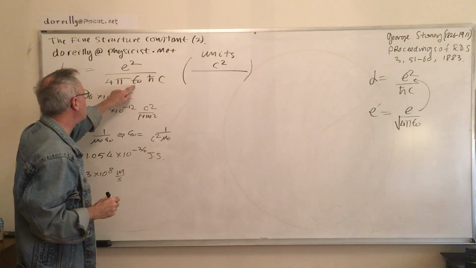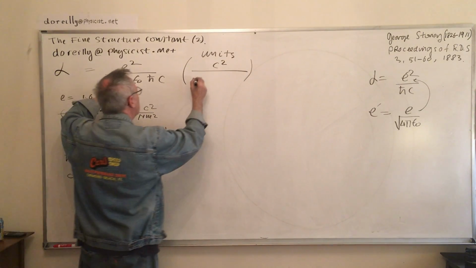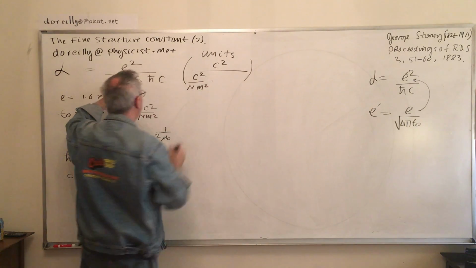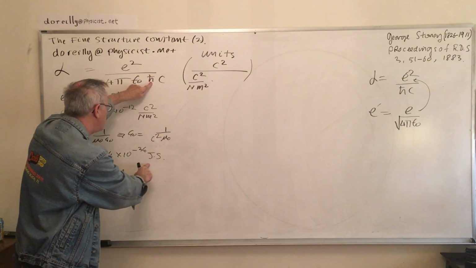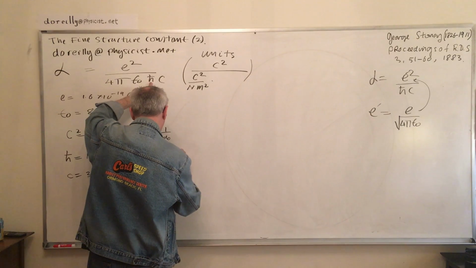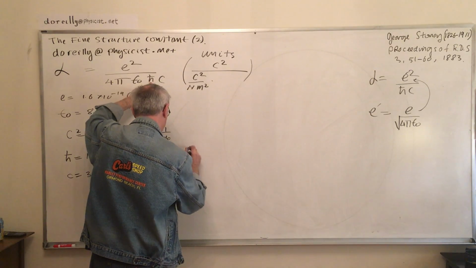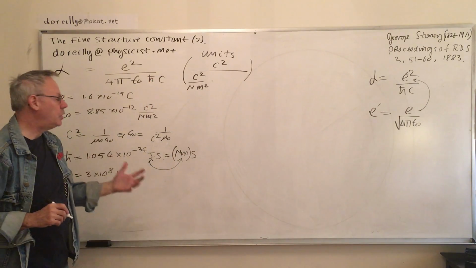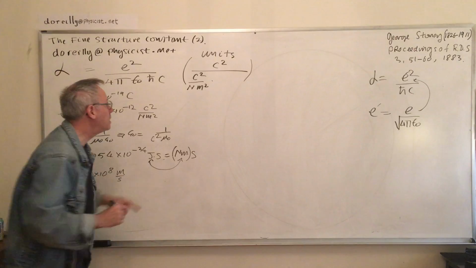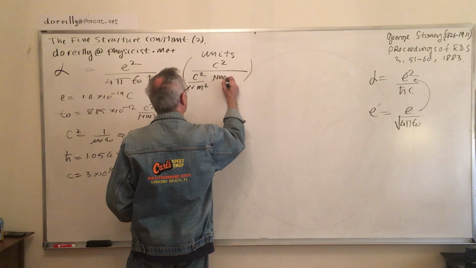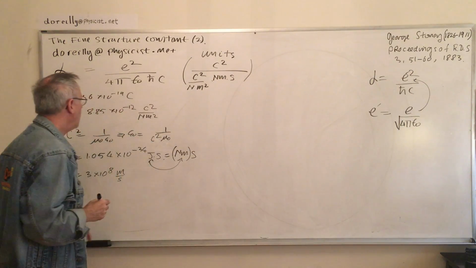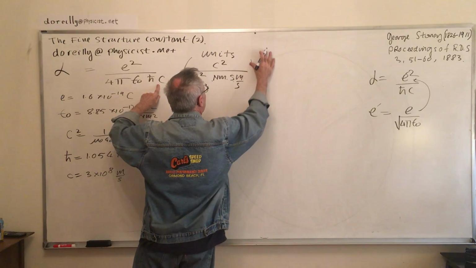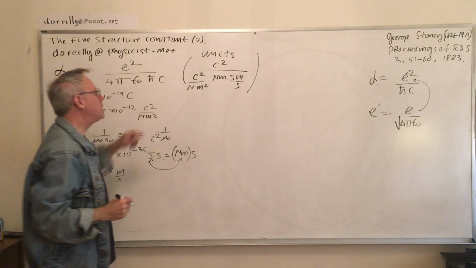4 pi is dimensionless. Epsilon 0 is coulomb squared over newtons meters squared. h cross is joules seconds. Now a joule is the same as a newton meter, so newton meters seconds. And c is meters per second. So let's see what happens to the units.